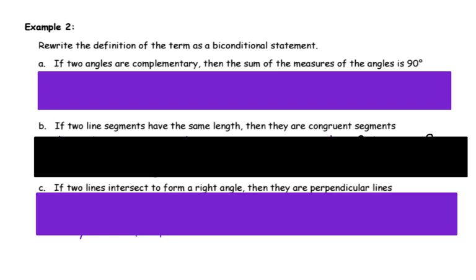All right, rewrite the definition of the term as a biconditional statement. Remember, a biconditional statement means that we have the IFF, if and only if. So A: if two angles are complementary, then the sum of the measures of the angles is 90 degrees. We're going to write that as a biconditional statement.